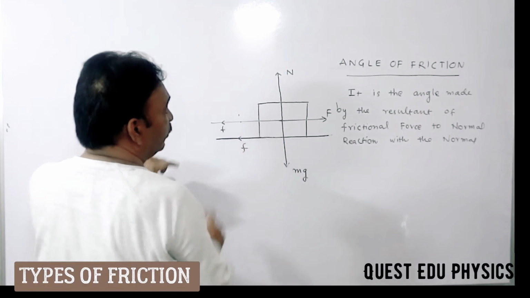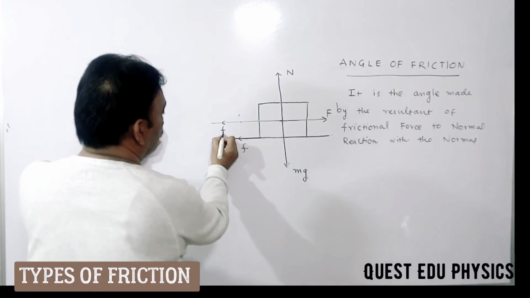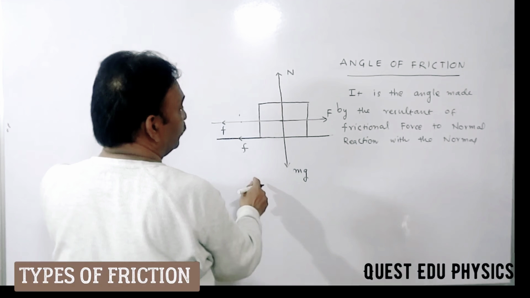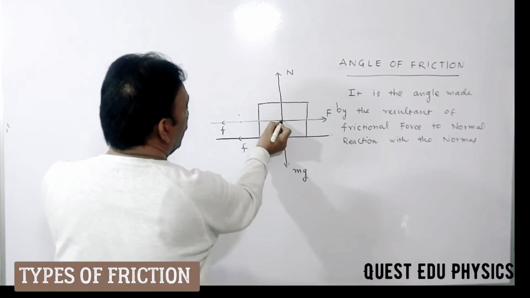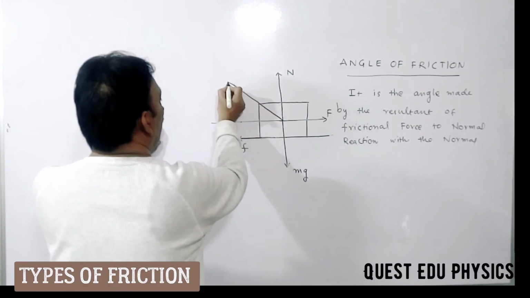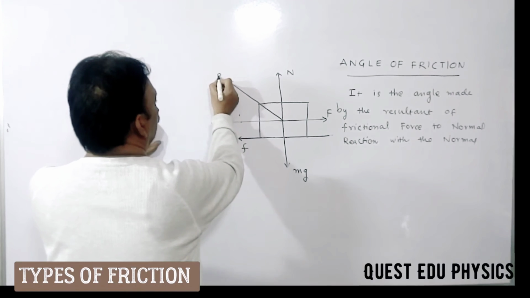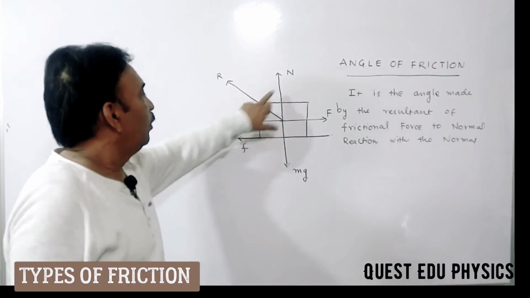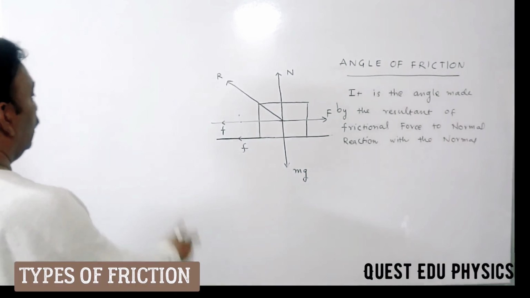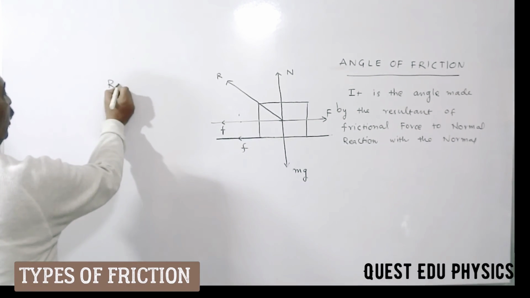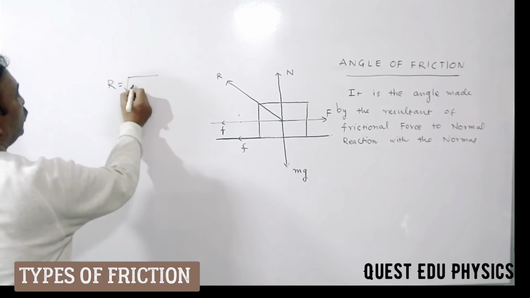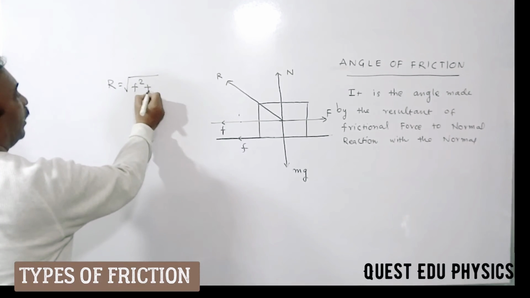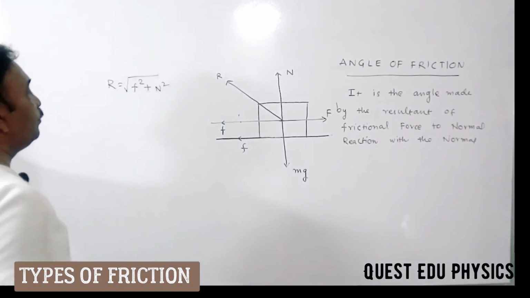Then there is the frictional force and the normal reaction. Obviously, the resultant might be like this. The resultant of these two might be this, where R is equal to the square root of F square plus N square.